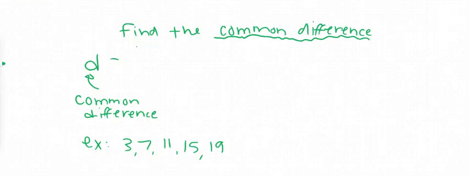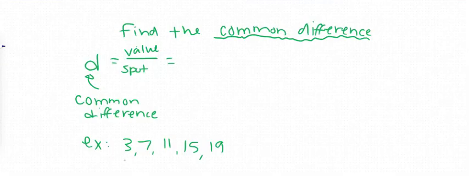I'm going to write the value on the top of a fraction over their spot, or their position, on the bottom. So I'm going to label my positions 1, 2, 3, 4, 5. I'm going to take my fifth term, 19, that is in the fifth location, and I'm going to set that up first, and then I'm going to subtract a different location. I'm going to choose 11, which is in my third position.